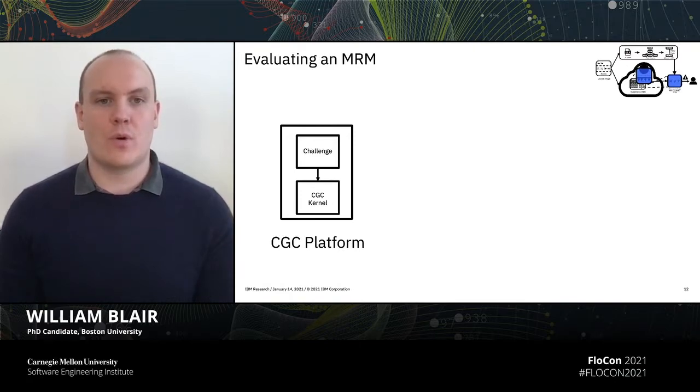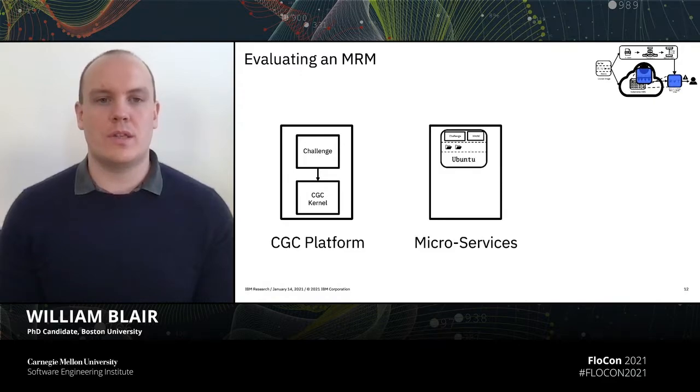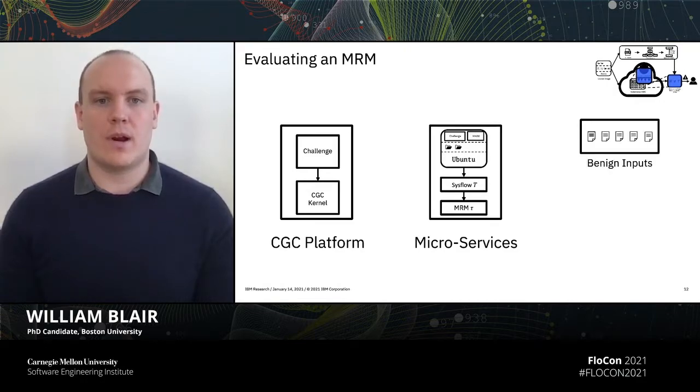It also comes with a corpus of inputs that exercise the full functionality of every challenge contained inside the CGC dataset, in addition to a corpus of inputs that demonstrate the presence of vulnerability in each challenge. So what we can do is wrap each challenge inside a Docker image, make it so that SysFlow traces its execution, and then feeds every record into our MRM.